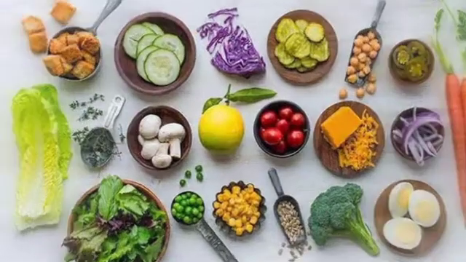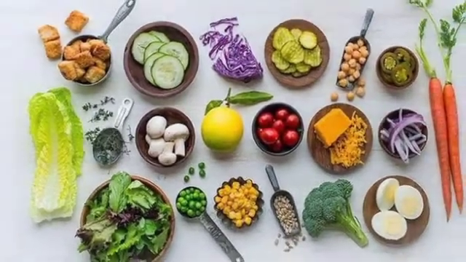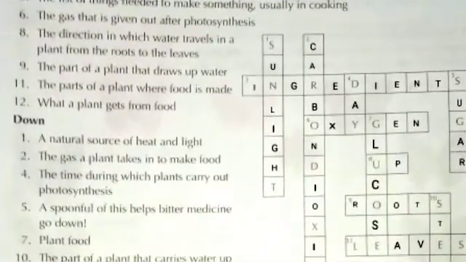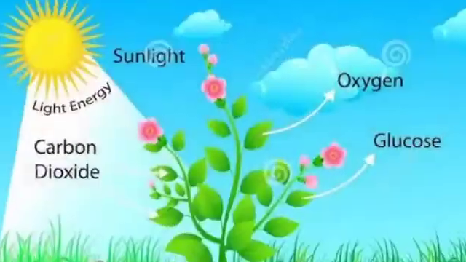The answer is ingredients. Next, the gas that is given out after photosynthesis. The answer is oxygen. Next, the direction in which water travels in a plant from the roots to the leaves.